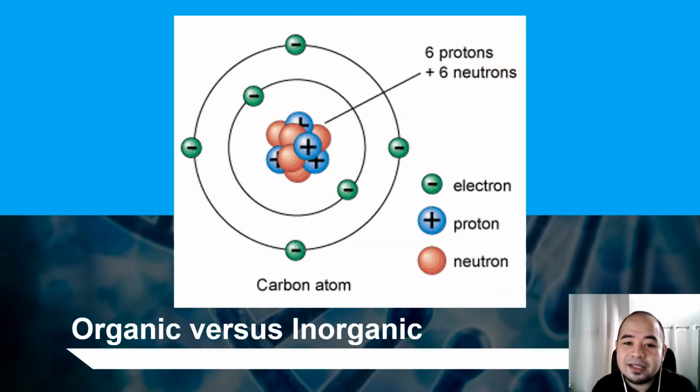All these biomolecules will not be possible without, of course, the carbon atom. It has 4 valence electrons that are readily available to interact with all other atoms. Kaya mas nagiging flexible, maganda siyang building block for molecules.